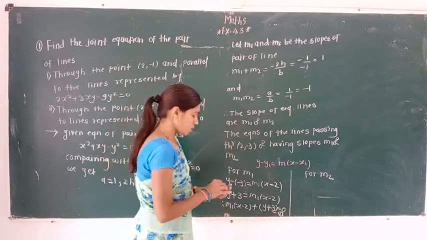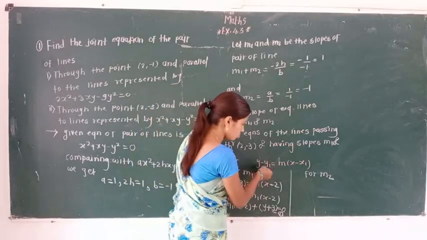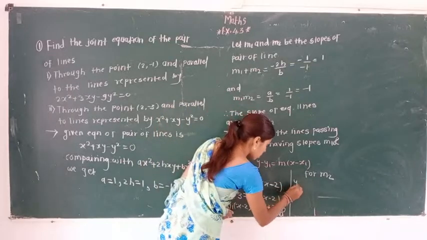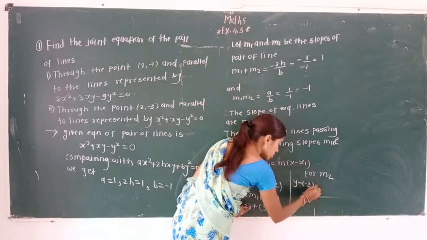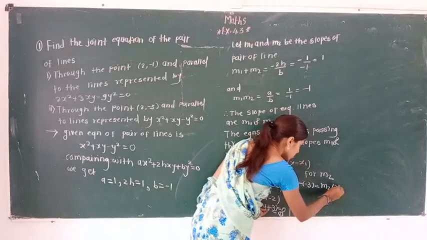Now for the second line we take the slope point form: y minus y1, where y1 is minus 3, is equal to m2 in bracket x minus 2.